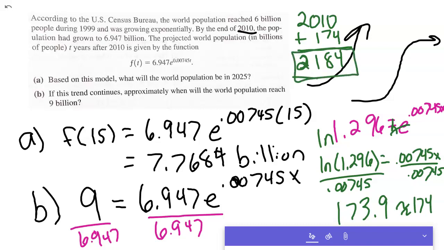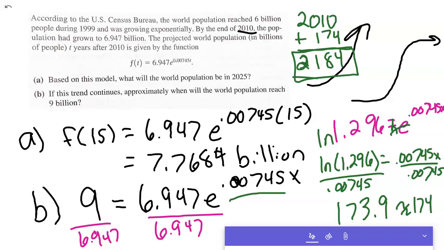Quite a ways into the future for when we reach a 9 billion population. And so maybe our number is not correct here, this 0.00745. And so we'd probably want to look at that. That might be, because maybe we're going to be there sooner than that.